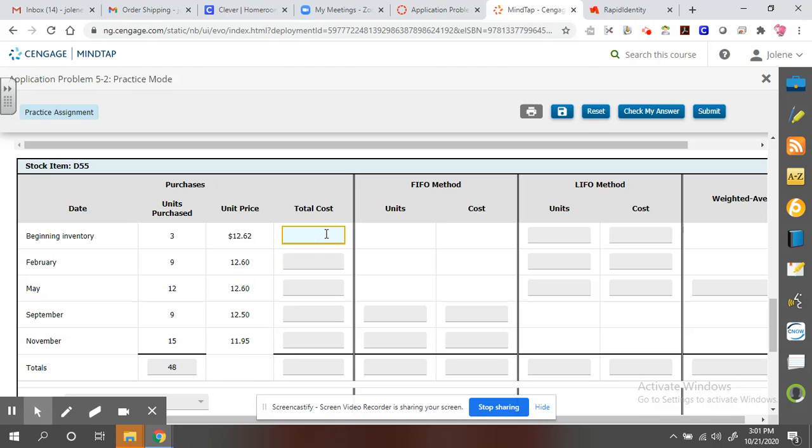We're going to do the extensions here. Now I got to add down the column.